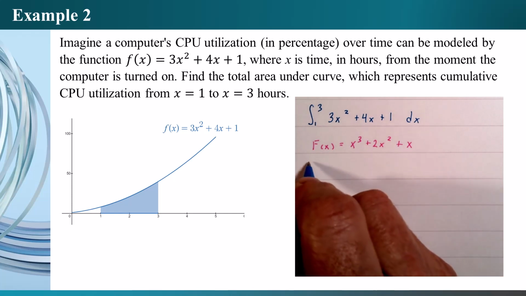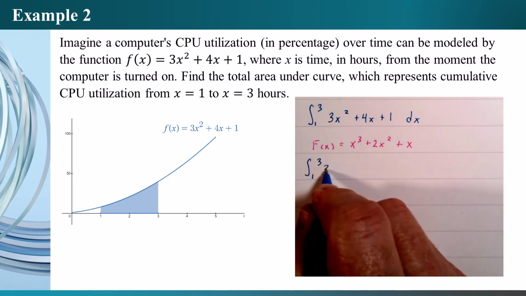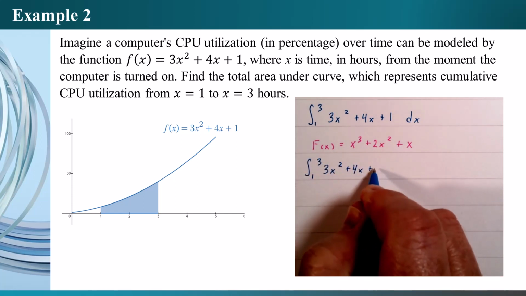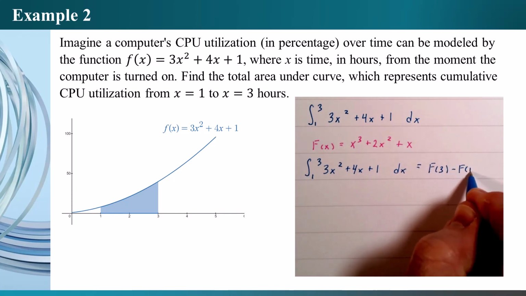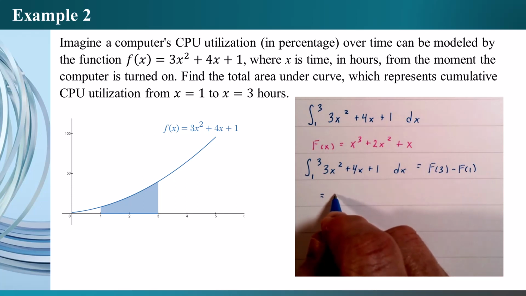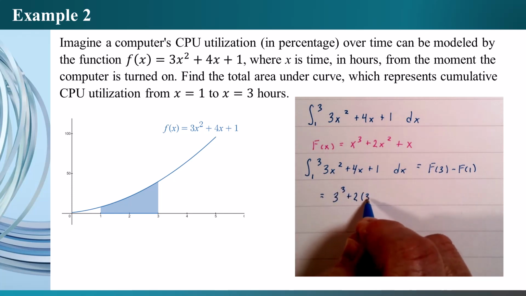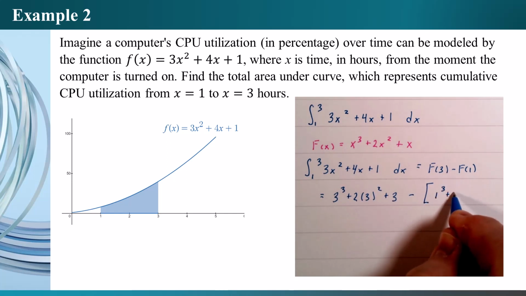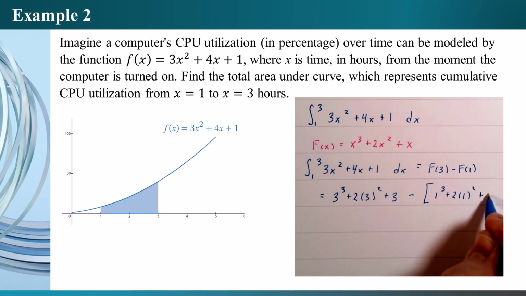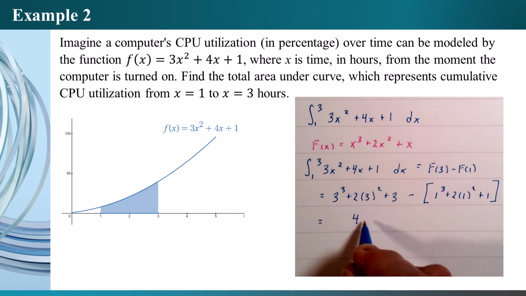So the definite integral from 1 to 3 of 3x squared plus 4x plus 1 is equal to capital F of 3 minus capital F of 1. Well, this gives us 3 cubed plus 2 times 3 squared plus 3 minus the quantity 1 cubed plus 2 times 1 squared plus 1, which is equal to 48 minus 4, or 44. The cumulative CPU utilization is 44 percent hours.